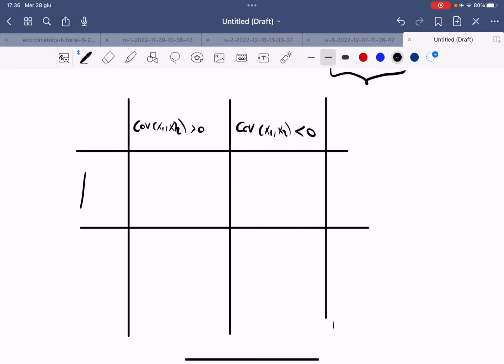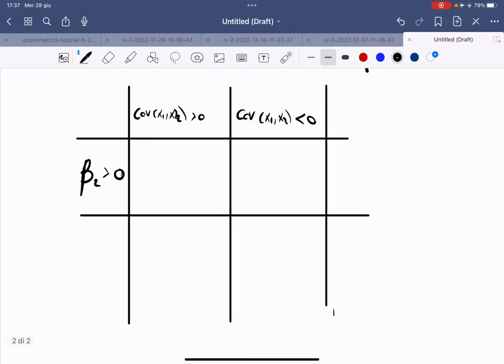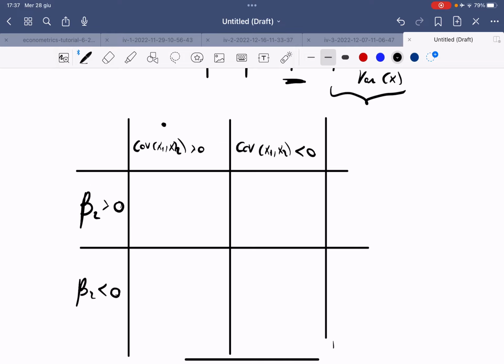Then we put beta 2 here for the case when it is larger than 0 and when it is smaller than 0. So we are considering the relationship between the two variables, the one included and the one excluded, and the excluded variable's effect on y. In this case the probability limit of beta 1 hat will be larger than the actual beta 1. In this case it will be smaller than the actual value.